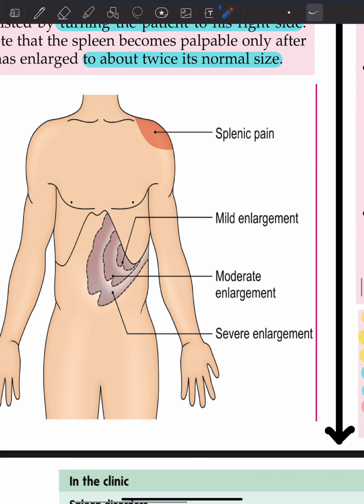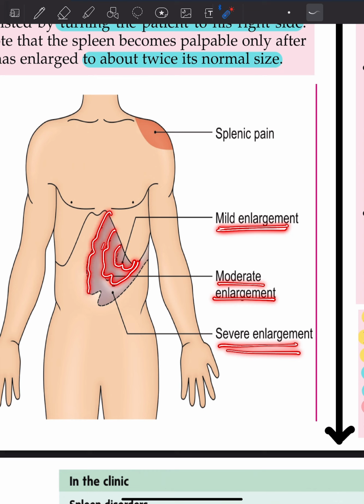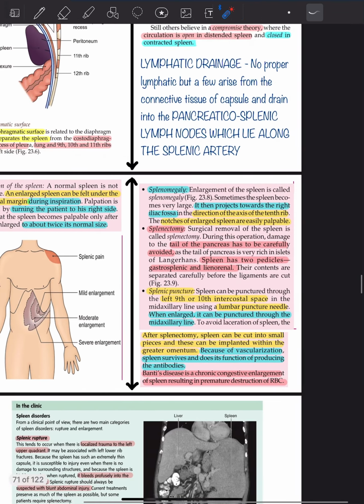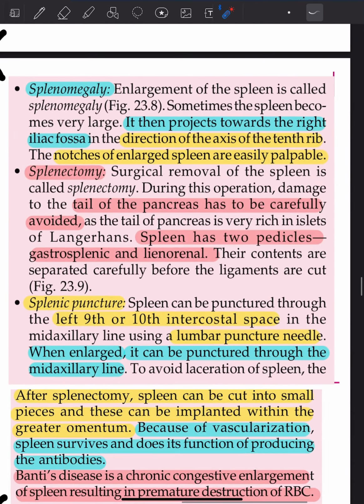As you can see the splenomegaly here, this is the mild enlargement till here, the moderate enlargement, a bit more enlarged, and a severe enlargement. Now in very severe cases it can reach up to the right iliac fossa as well. Splenomegaly, what do you understand by megaly? Megaly is enlargement.